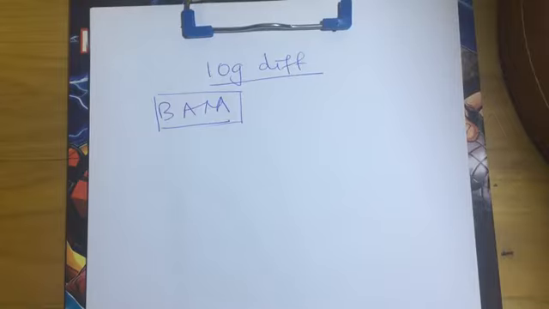What does the mnemonic BAM mean? According to the way that quantum taught logs, what does the mnemonic BAM mean? So base, answer, middle. So base to the power answer is equal to what is in the middle.